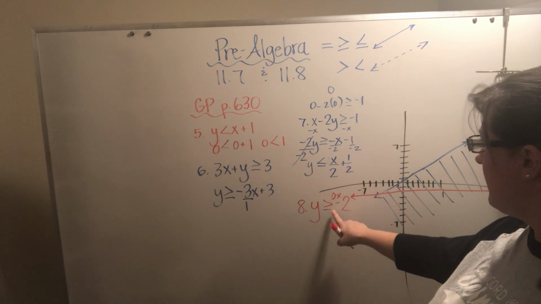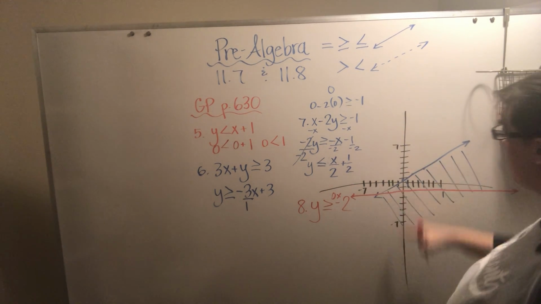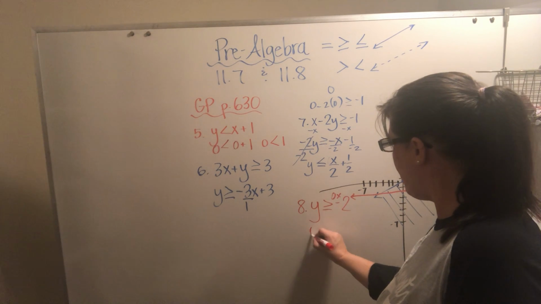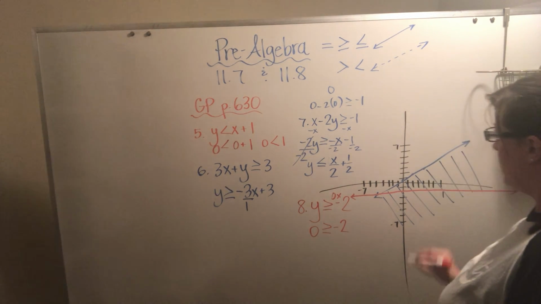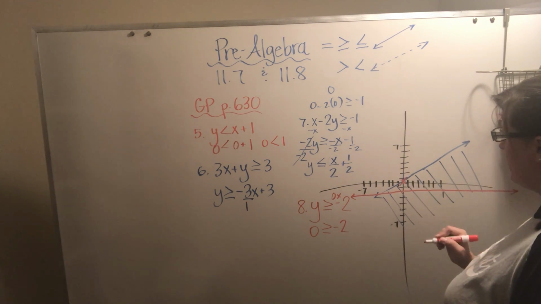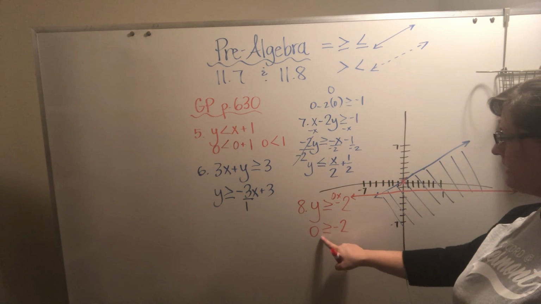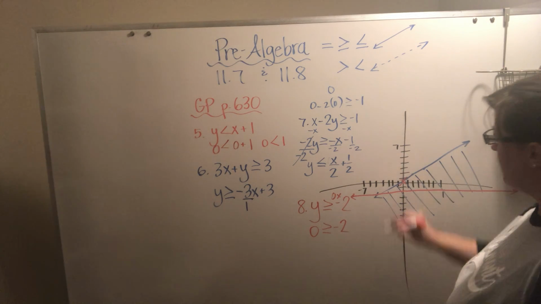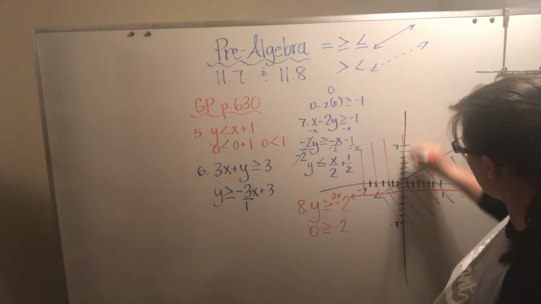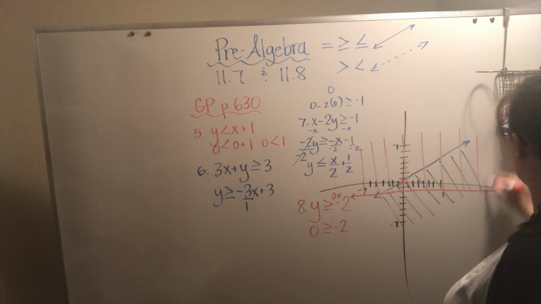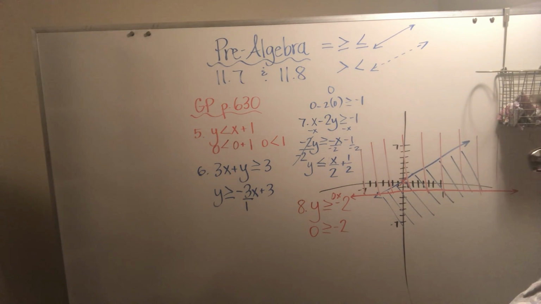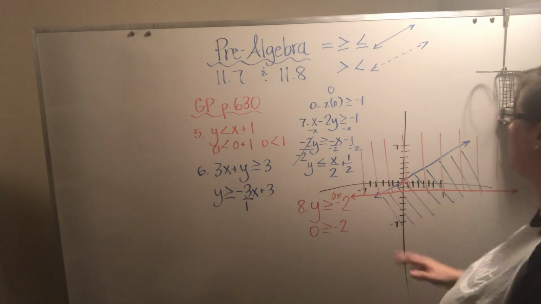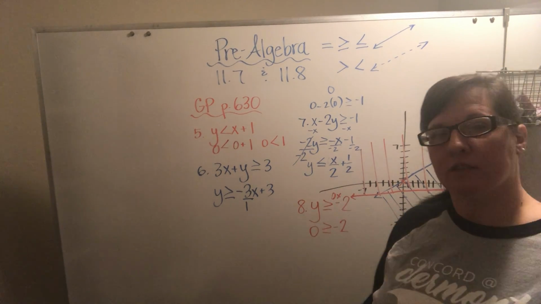All right, and the other thing is, are we talking about the area above or below? So if I put 0 is greater than or equal to negative 2. That's where my origin is, 0, 0. Does that work? Is 0 greater than negative 2? Yes. So I am talking about all this area above that line. And my lovely mess of a graph, but we'll just call that my modern art. That's what that is.